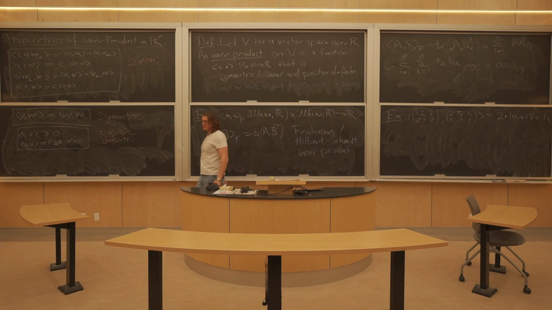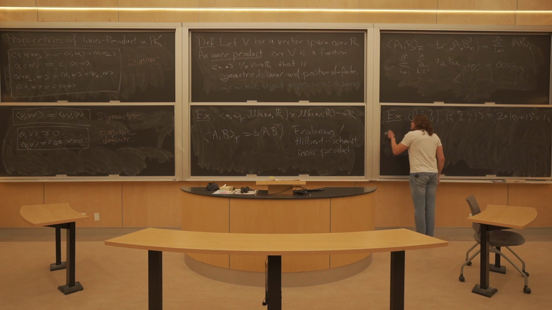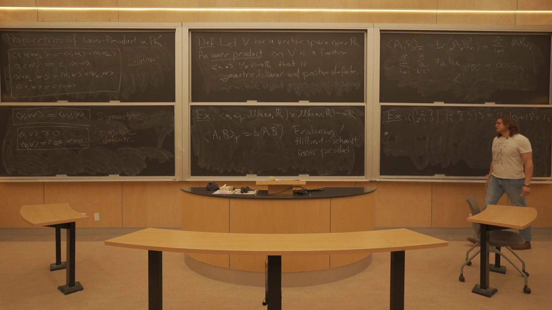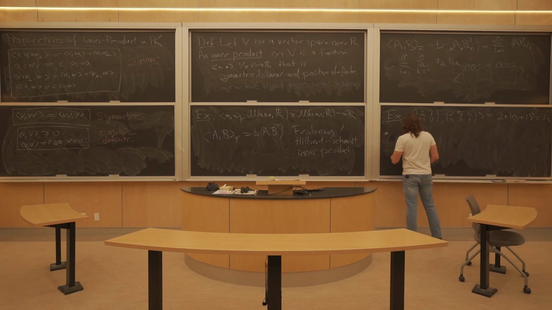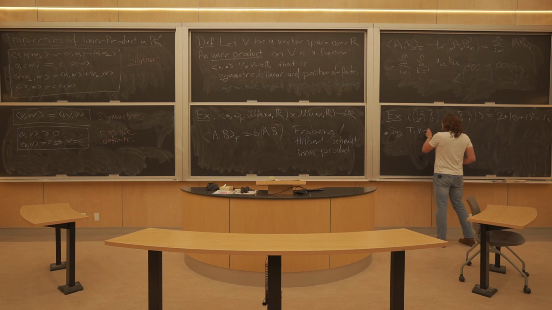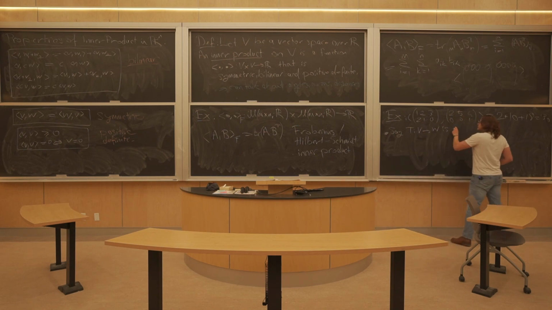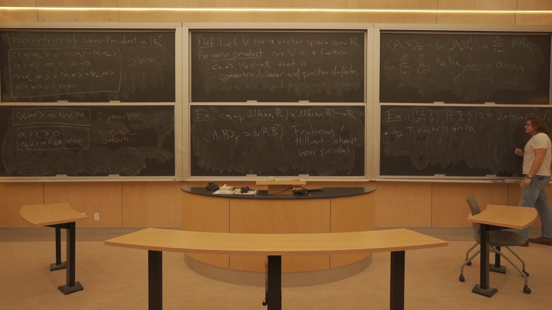And more generally speaking, here's another way of coming up with inner products. If you have an inner product space, say T from V to W is an isomorphism, and say that on W there's an inner product.